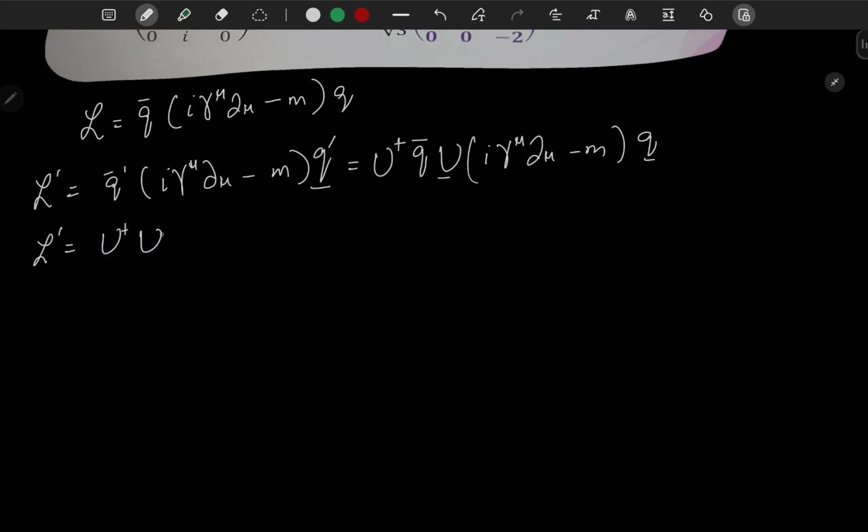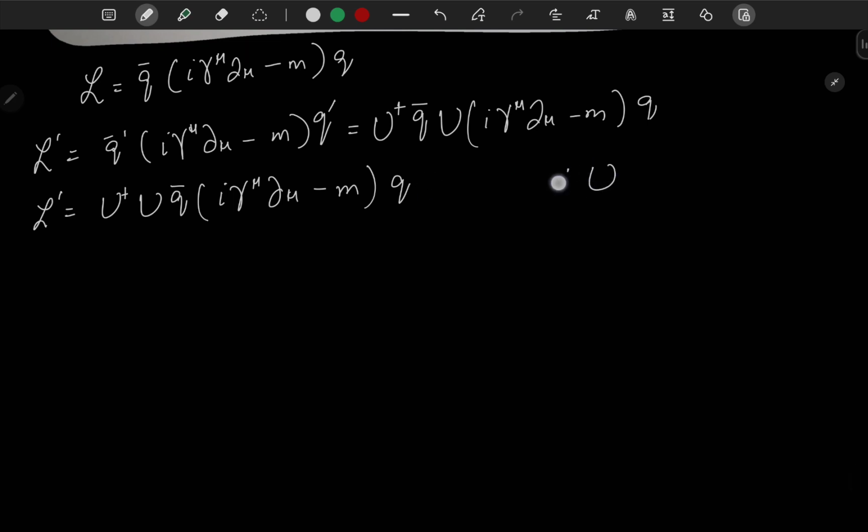So okay, if we look carefully, then gamma mu d mu minus m Q, sorry, this might confuse.